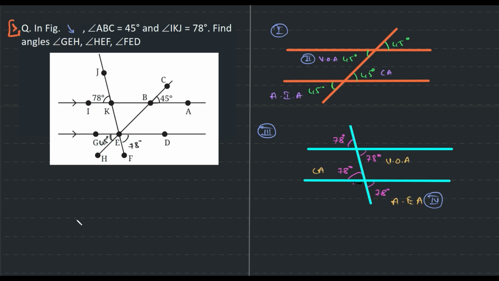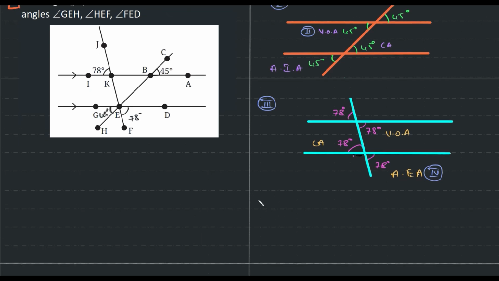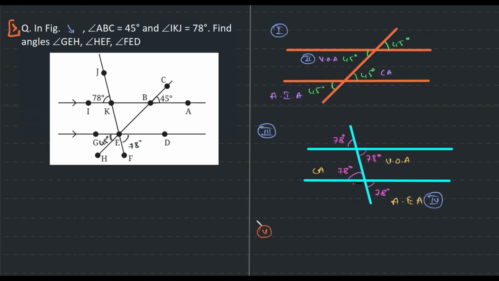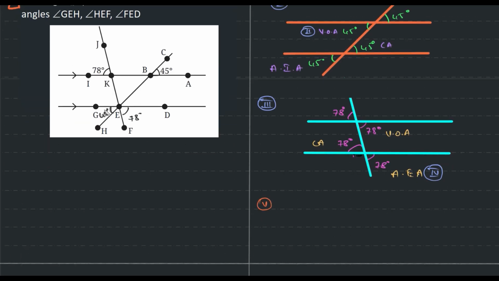And now step 5. I will write it here itself. Step 5. Now, how do you figure it out? You have two angles. One is unknown, but all of them are on a straight line. The straight line is upside down, but still it's a straight line. This is a straight line. And you have first angle and the second angle, something like this.